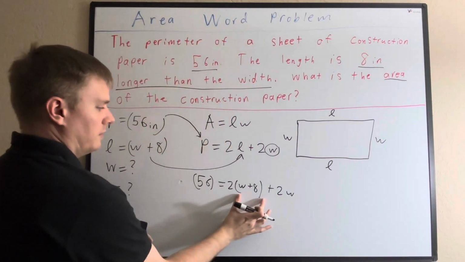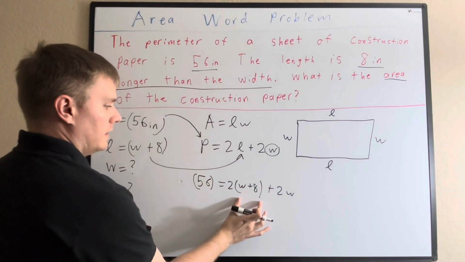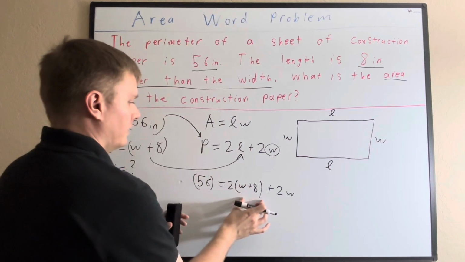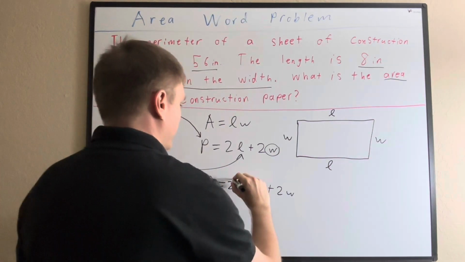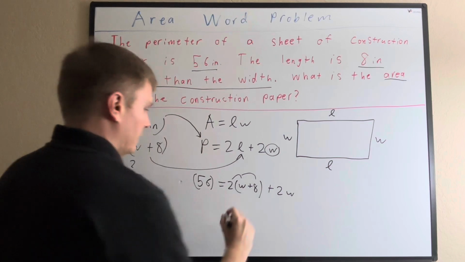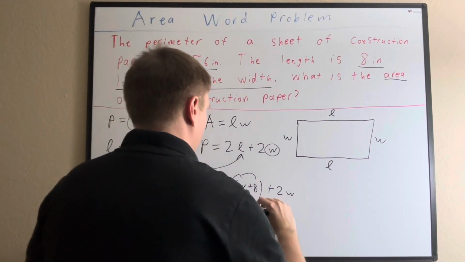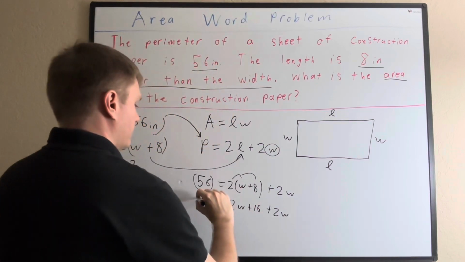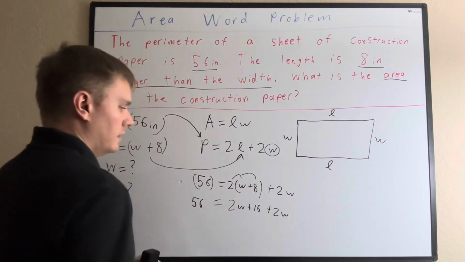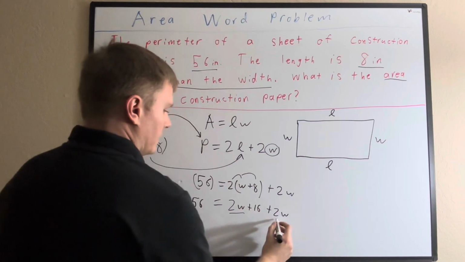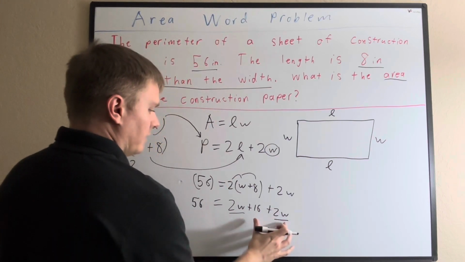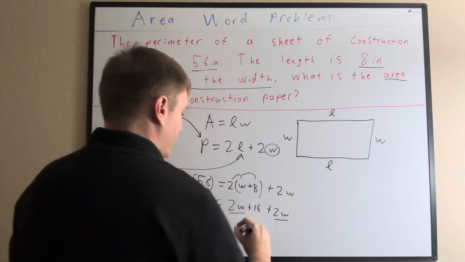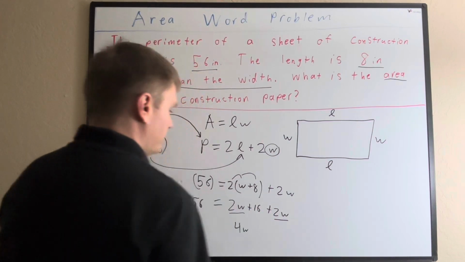Now, very important that we have the parentheses there when we substitute in something, because there's a big difference between distributing and not distributing. 2W plus 16 plus another 2W. Okay, combine like terms. See, we can combine these because they both have a W. They're both being multiplied by W. So 2W plus 2W is 4 times W. Okay.